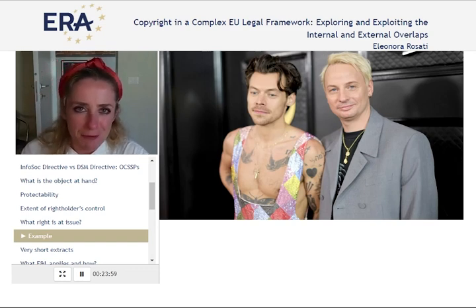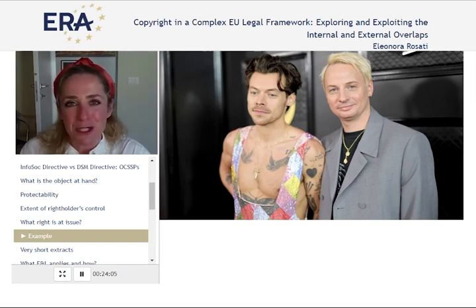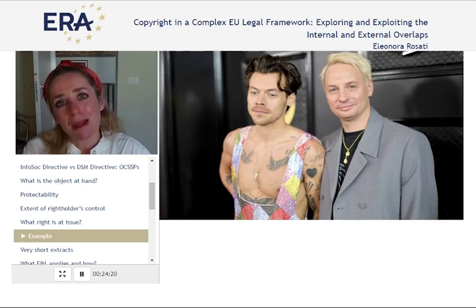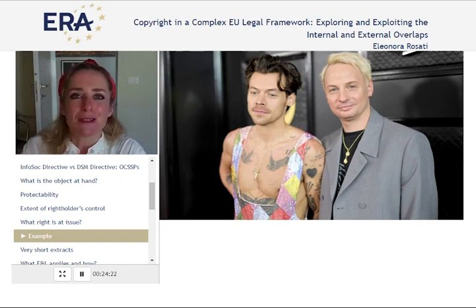This is a picture that has nothing to do with the Pelham case. It is Harry Styles with one of his producers, but essentially in Pelham, the opinion of the Advocate General highlights the rationale of protection of related rights and noted that what is protected is not the originality of the related right holder, but rather the investment made by that right holder.